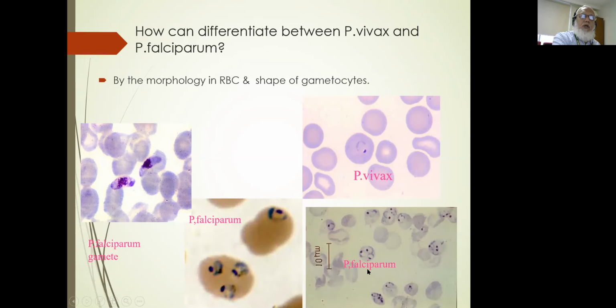In falciparum, in one RBC, many parasites, multiple infections. RBC size increases in Plasmodium vivax, but in falciparum it is small, a similar size. And gametes are important. Falciparum gametes are banana shaped, and vivax gametes are just round shaped.